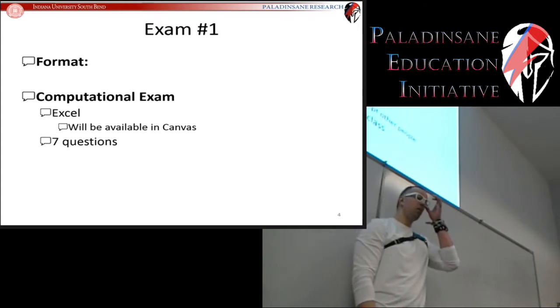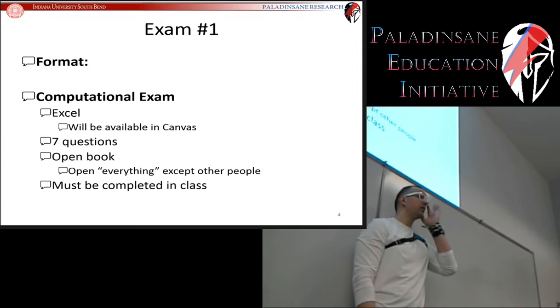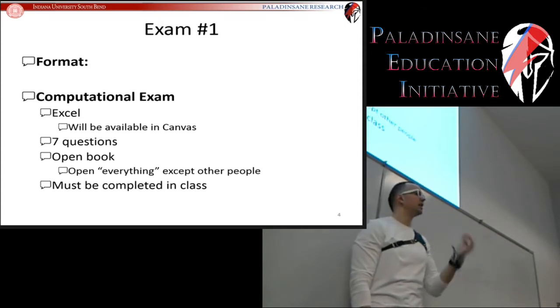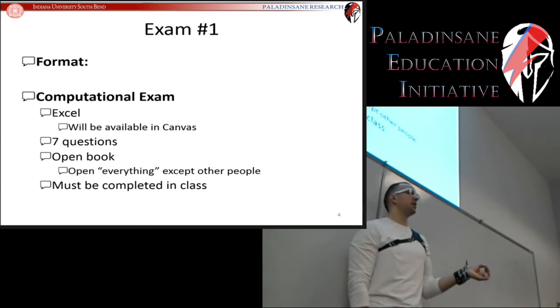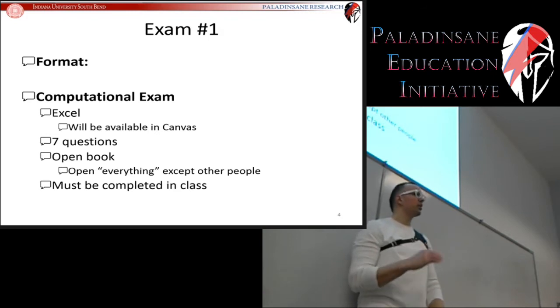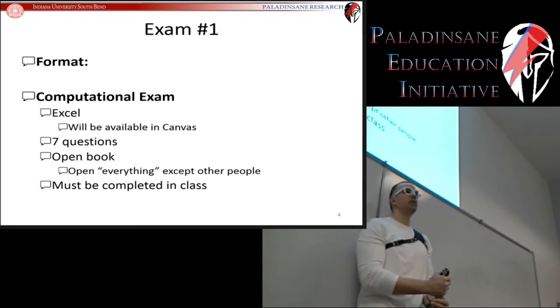The exam is open everything, so whatever tools you need, except other people. You cannot be Skyping with the head of the Department of Statistics at MIT or anything like that. It has to be your own work. But any notes you want to bring, you'll have access to my lab, your homework, your practice Excel sheets, the PowerPoint slides in Canvas, your textbook, anything you want to use, absolutely feel free.